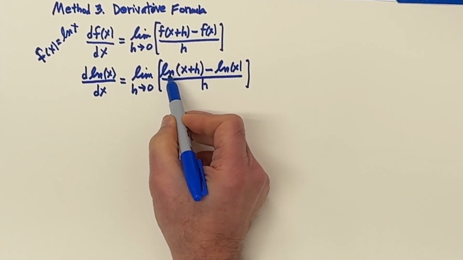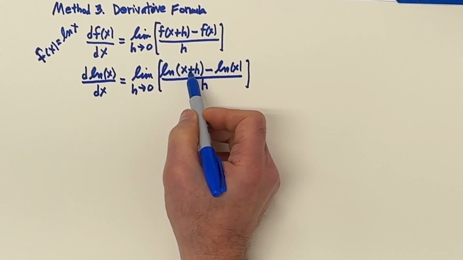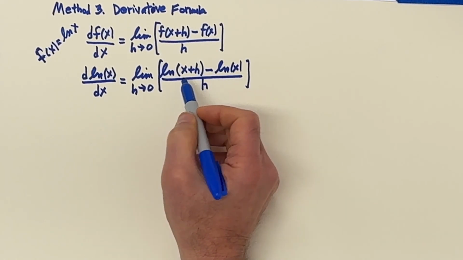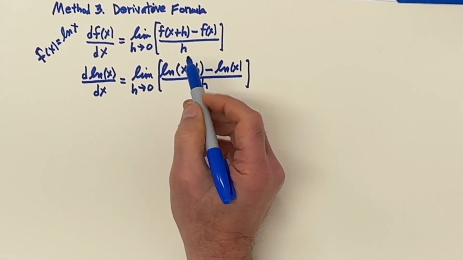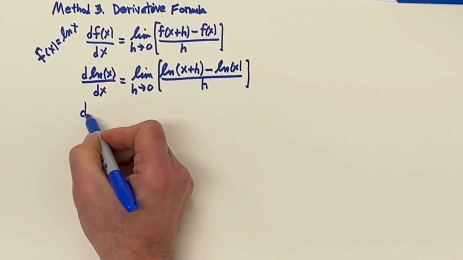Now when you have the logarithm, say, of a minus the logarithm of b, then we can write that as a logarithm of a over b, so that's what we're going to do next.